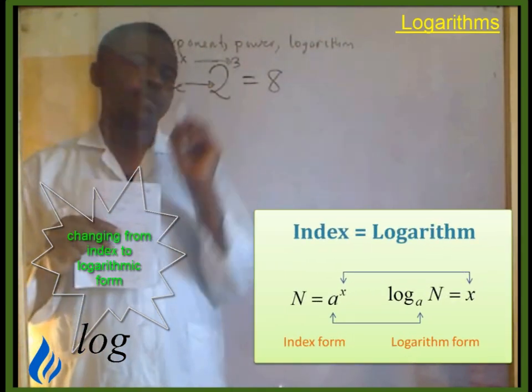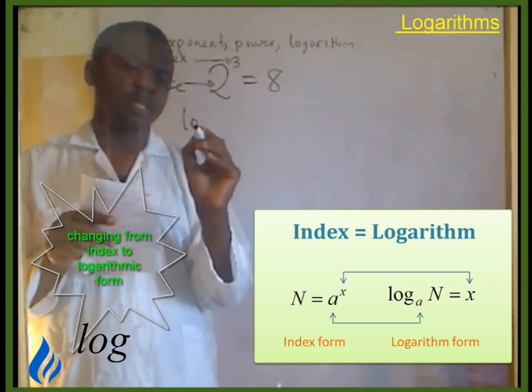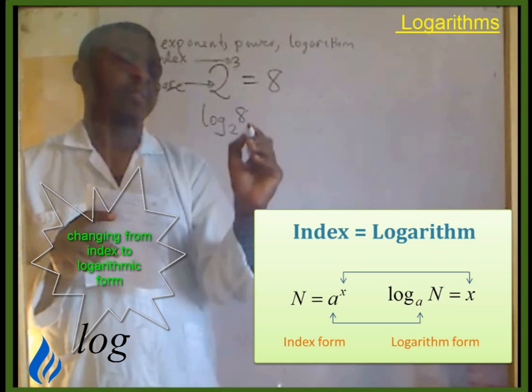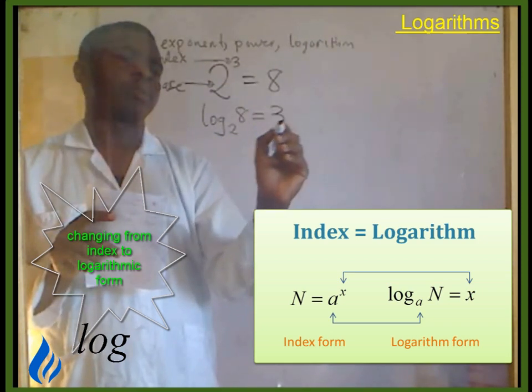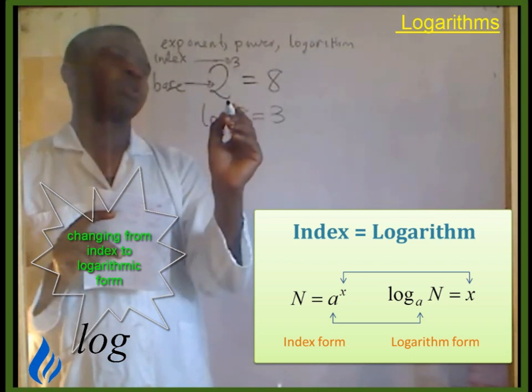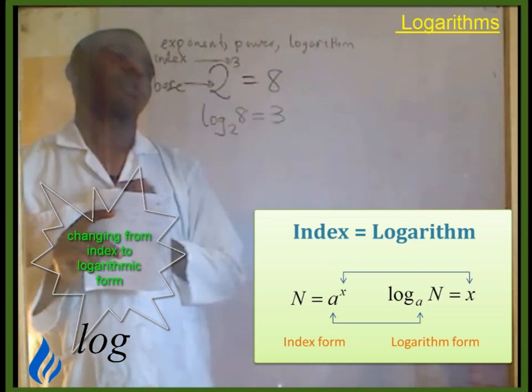This is our base. So the logarithm to base 2 of 8 is equal to 3.